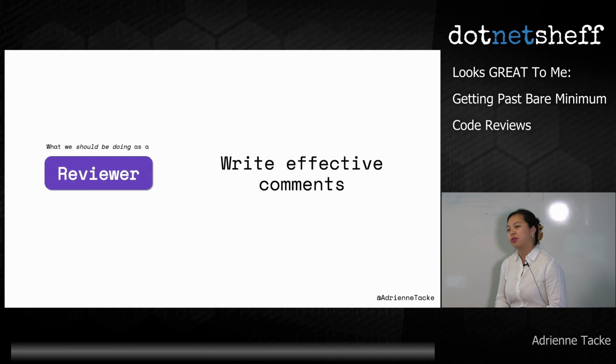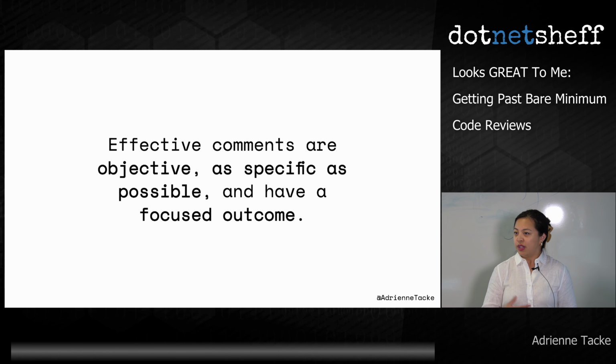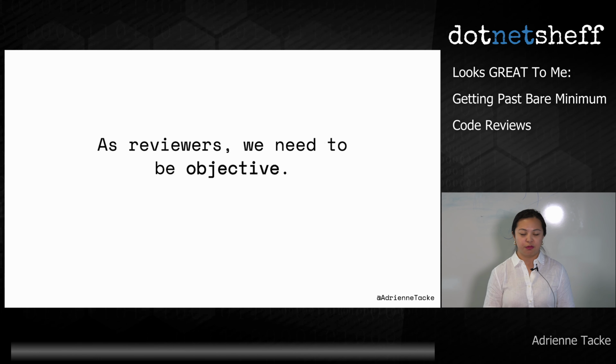Finally, the most important part that I think that we should do as reviewers is to write effective comments. So effective comments are the opposite of what I've told you are ineffective. They're objective, they're as specific as possible, and they have a focused outcome. So being objective, being reviewers, we always need to focus on the code as much as possible.